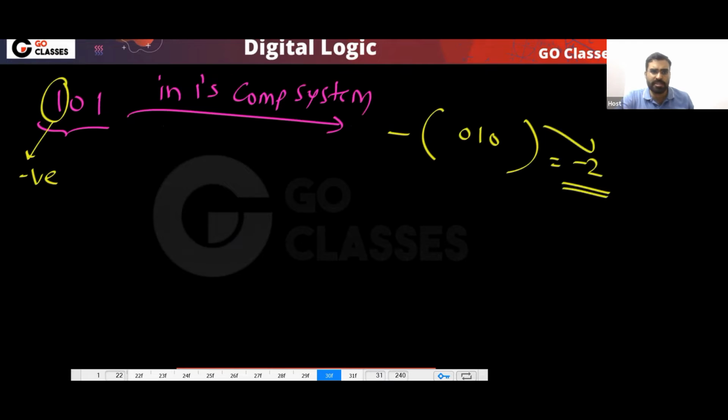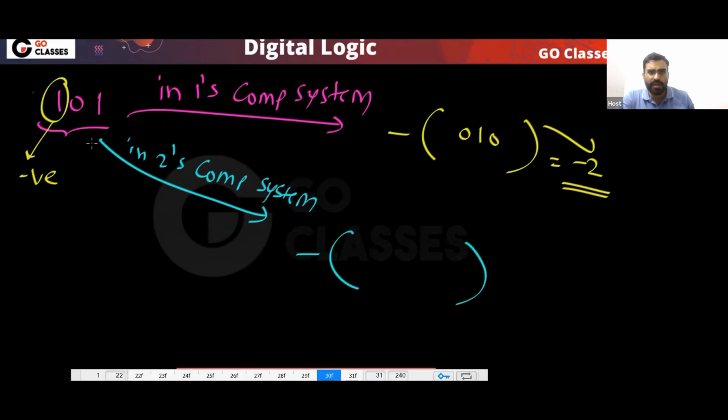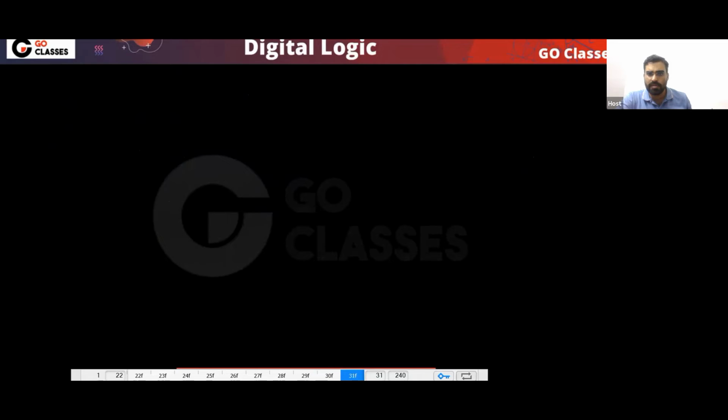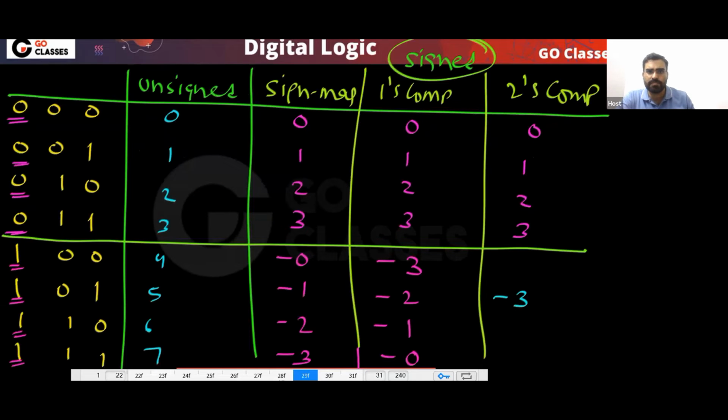So in the 1's complement system this is -2, and in the 2's complement system, this is minus of the 2's complement of this, which will be -3. So you can notice this 101 is -3 here and -3 there.